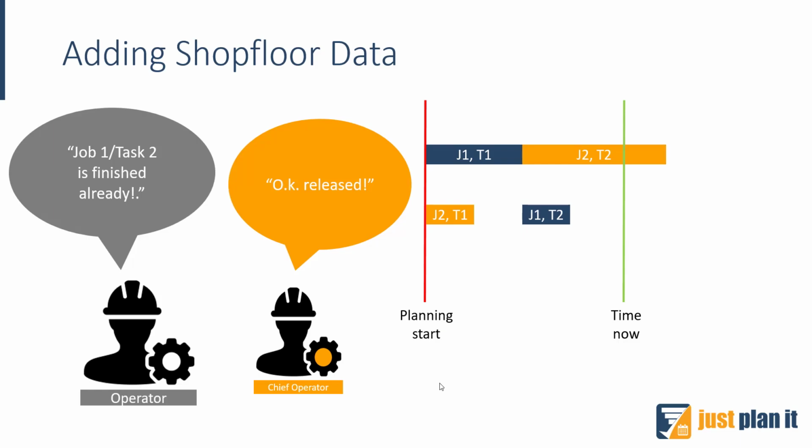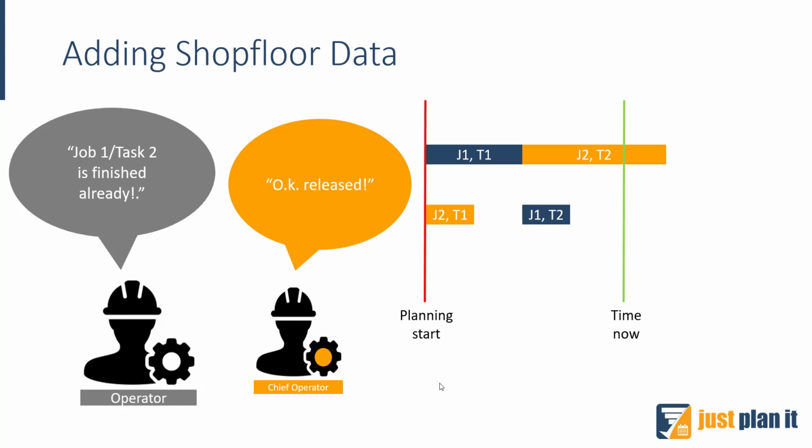Okay, let's have a last example, example 4. This example is explaining the rule that if you get information that a task is finished which has predecessor tasks that are not set to finished yet, then these tasks will be set to finished automatically.